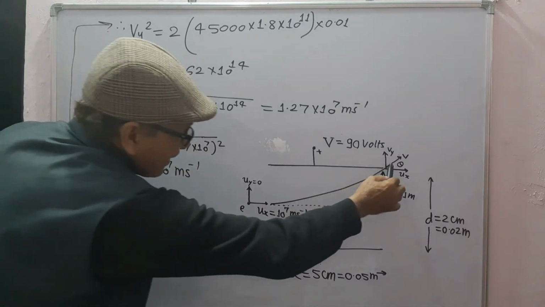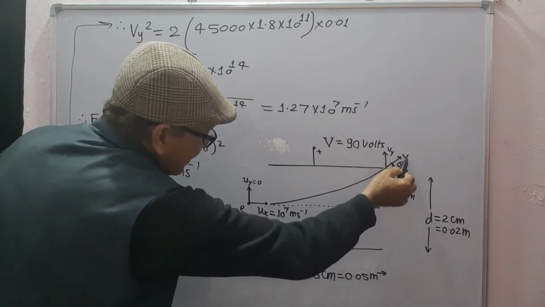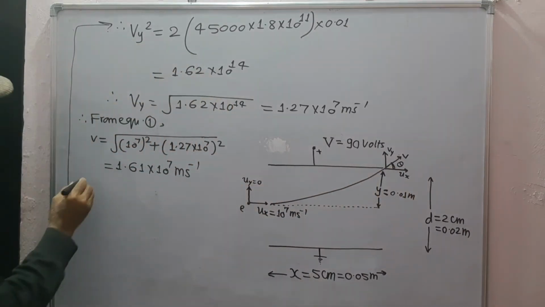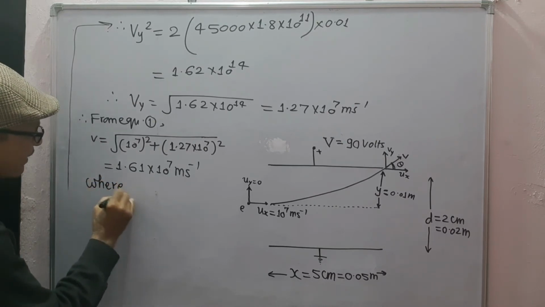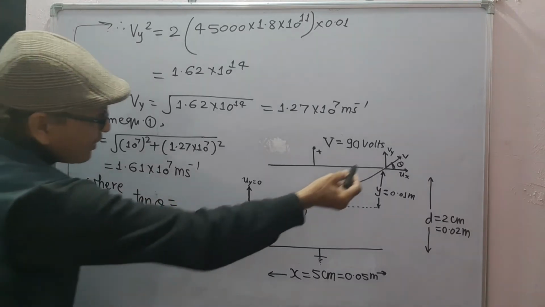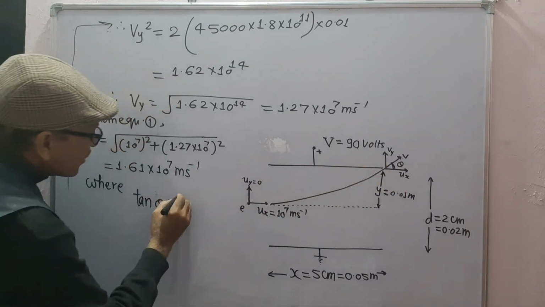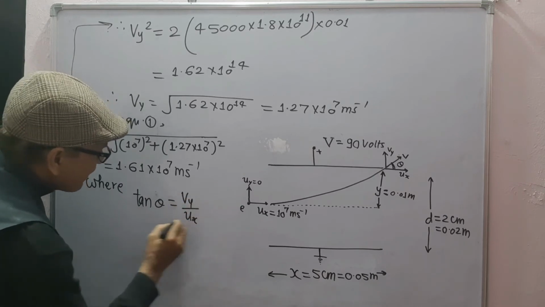Now, if theta is the angle between the resultant v and u_x, then tan theta will be equal to v_y upon u_x.